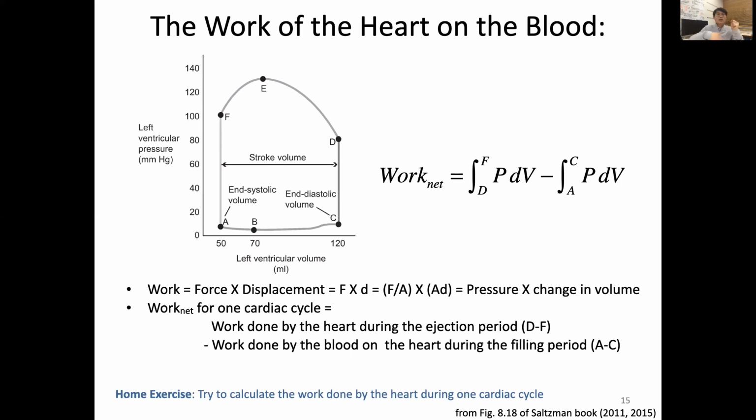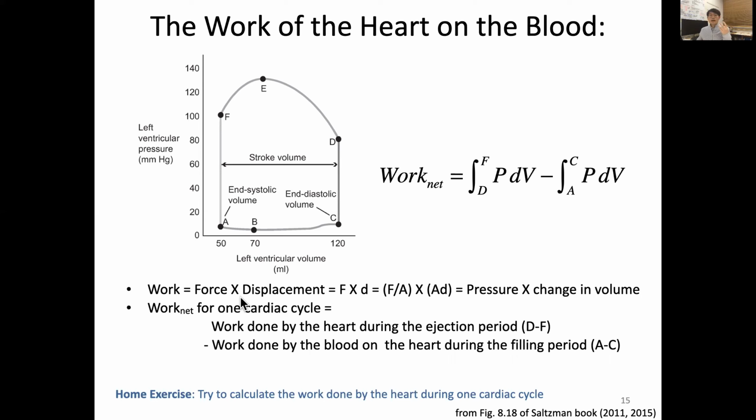But involving a fluid, usually we don't use force, but force per unit area, which is defined as pressure. And to make this area the same, area times displacement involves the volume change. So pressure times change in volume is what you can calculate as work.